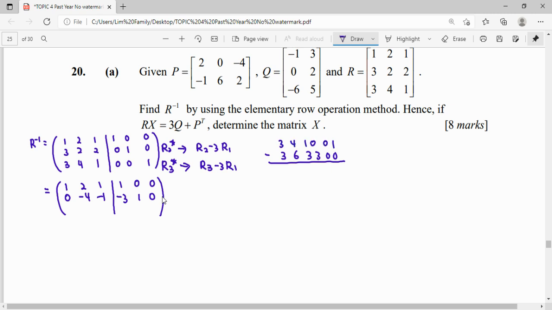Then minus 3 times row 1, you get 0, negative 2, negative 2, negative 3, 0, 1. So that will be our first step, changing the elements in the first column to become 0.